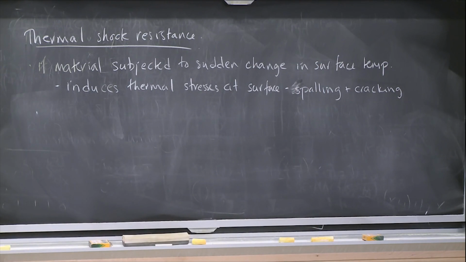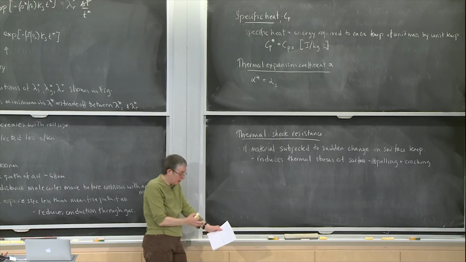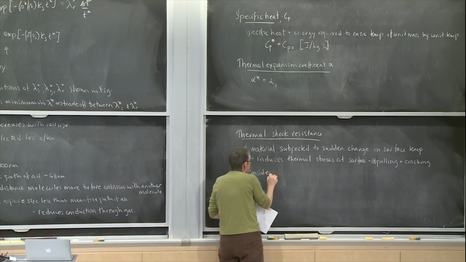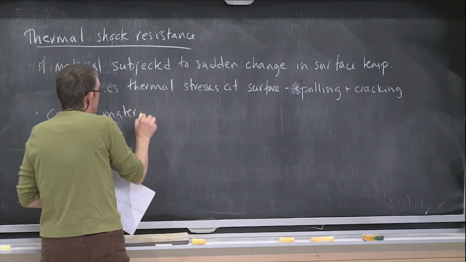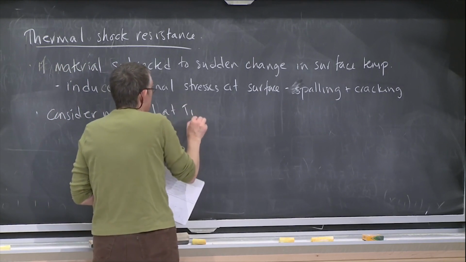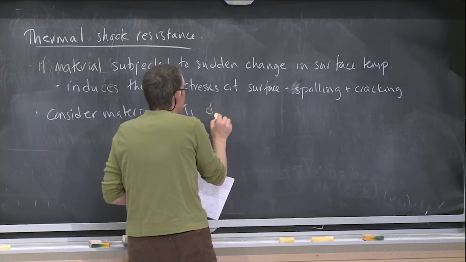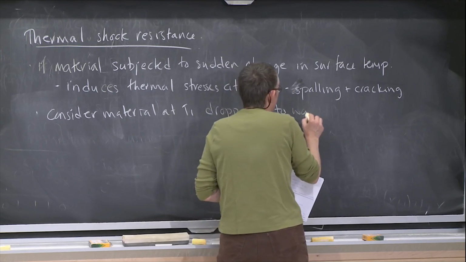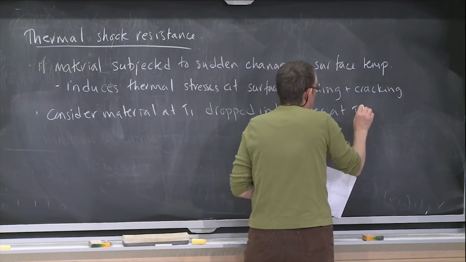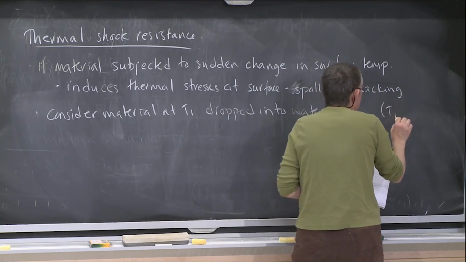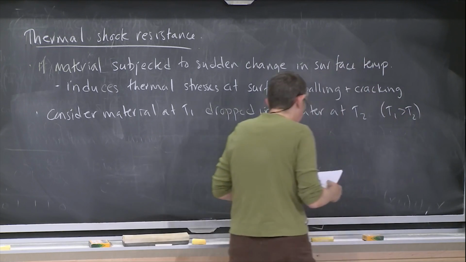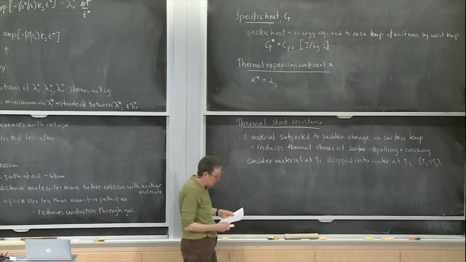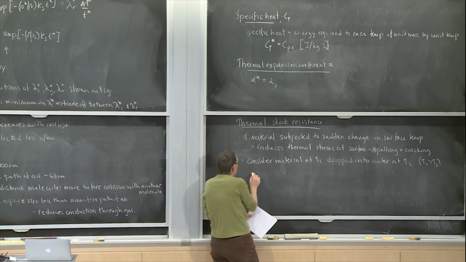So we're going to think about a material at one temperature that's dropped into, say, a liquid at a different temperature. So the surface temperature is going to drop to the cooler liquid temperature, and it's going to contract the surface layers.